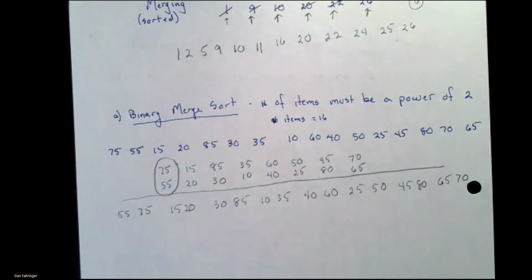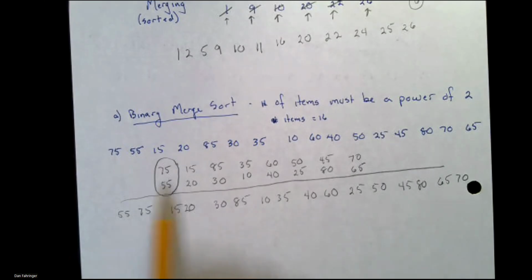Hey, we're getting a little closer to being sorted. Not a lot, but a little bit. So up here, I went one at a time. 75, put it in the first list. 55, put it in the second list.